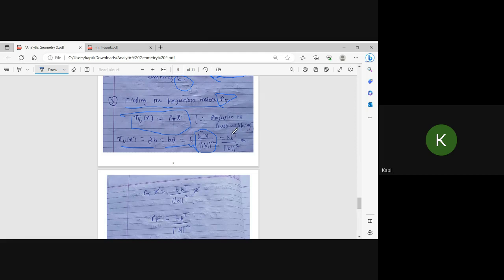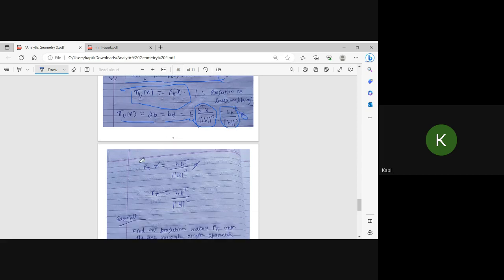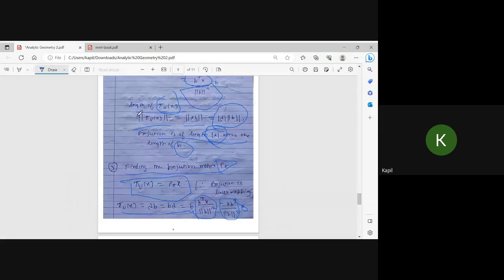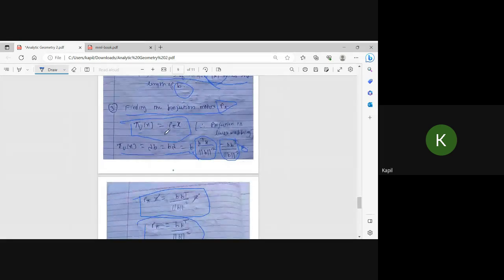If we collect b into b transpose upon magnitude of b square, and treat x as a single entity, then we can write p pi x equal to b into b transpose upon magnitude of b square, into x. After cancelling the x terms, what we get is p pi. So in the third result, we have found the projection matrix p pi using this property.